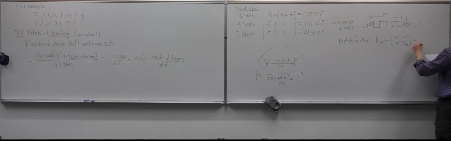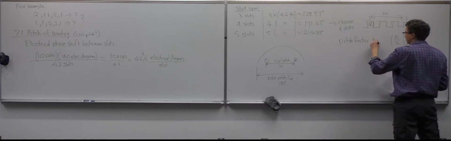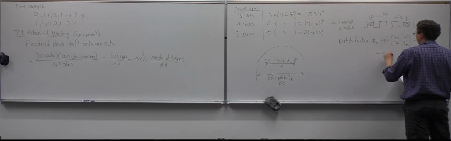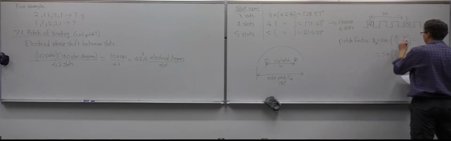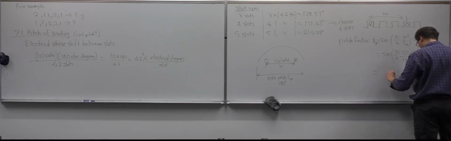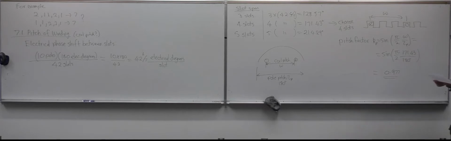We have sine pi over 2, W is 171.43 and Tp is 180, so that gives 0.977. So that's pretty good. It's not going to give us too big a problem.